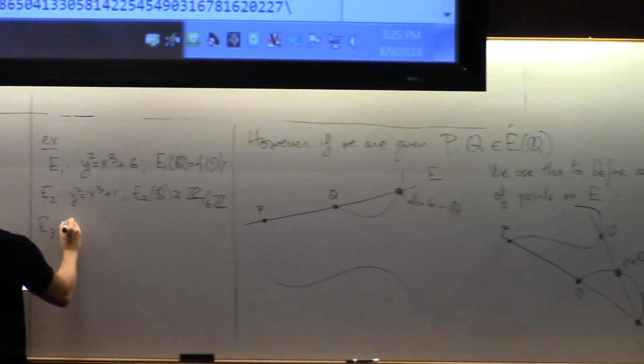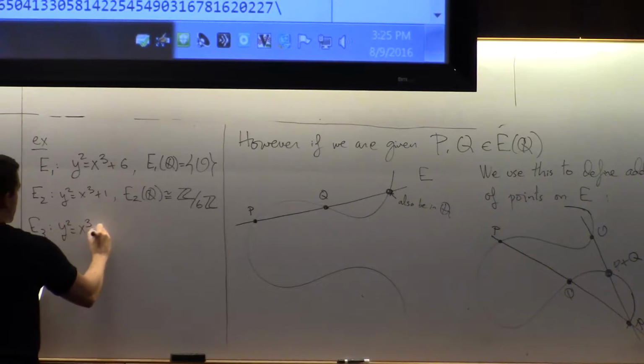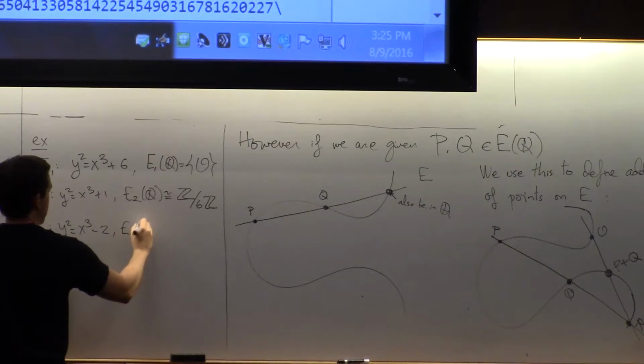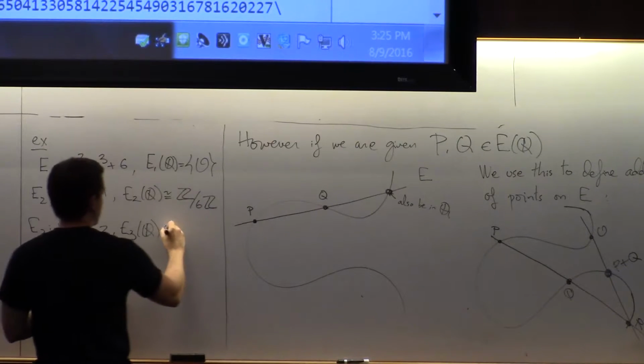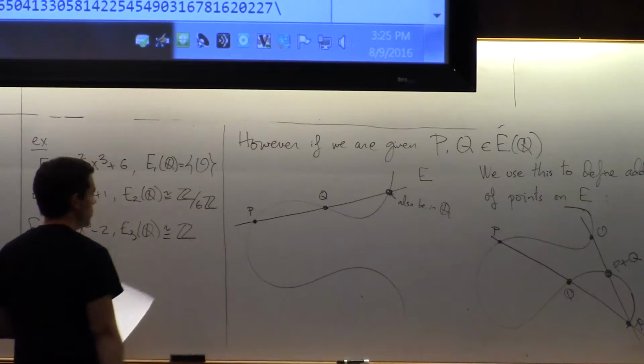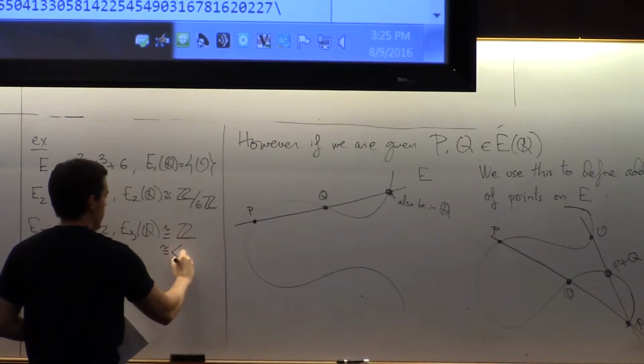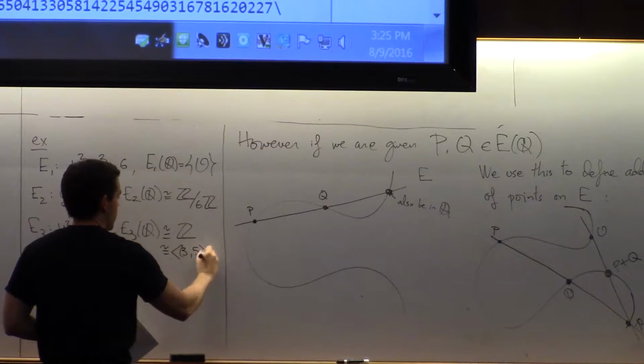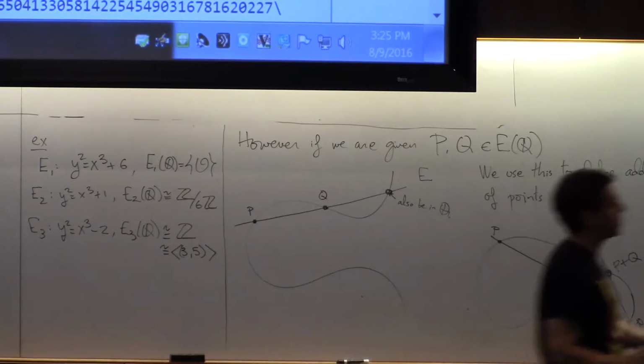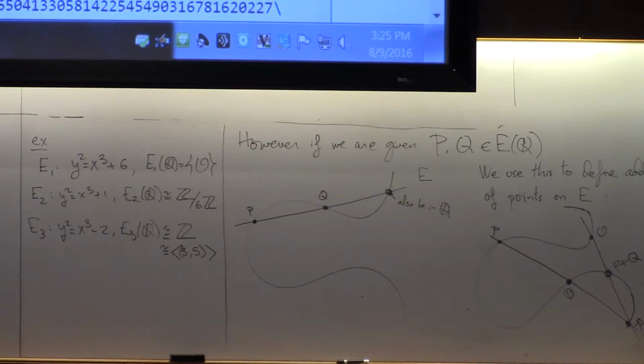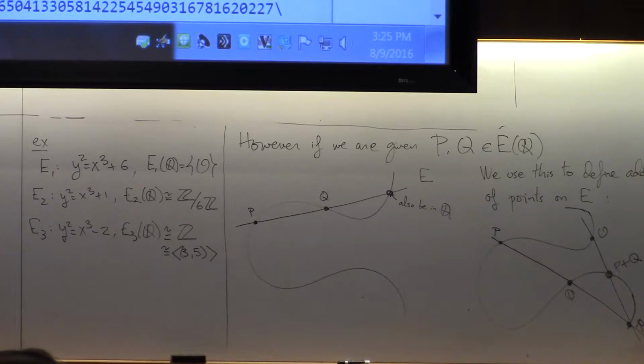There are elliptic curves that have rank but no torsion. It turns out that for this elliptic curve, this is a point of infinite order, and the multiples of itself generate all the points, the positive and negative multiples, and all those generate.